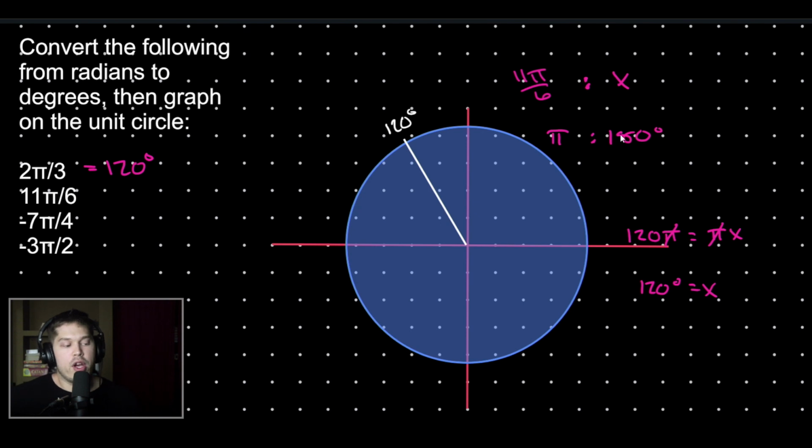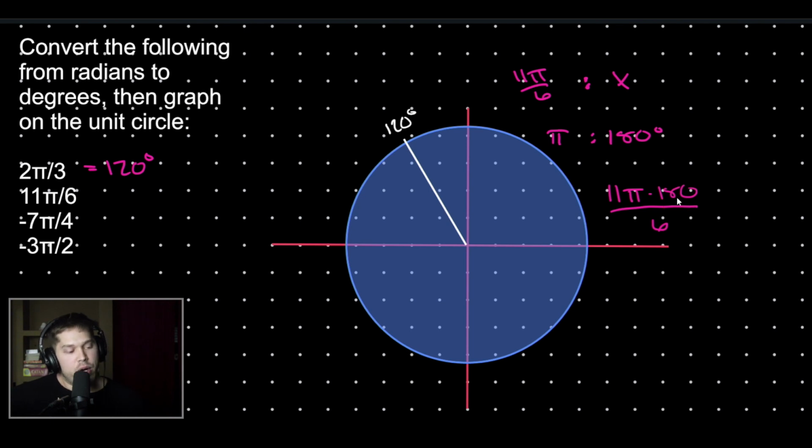So here's our ratio. We're going to cross multiply. And when we cross multiply, what do we get? Well, we're going to get 11 pi times 180, all divided by 6.